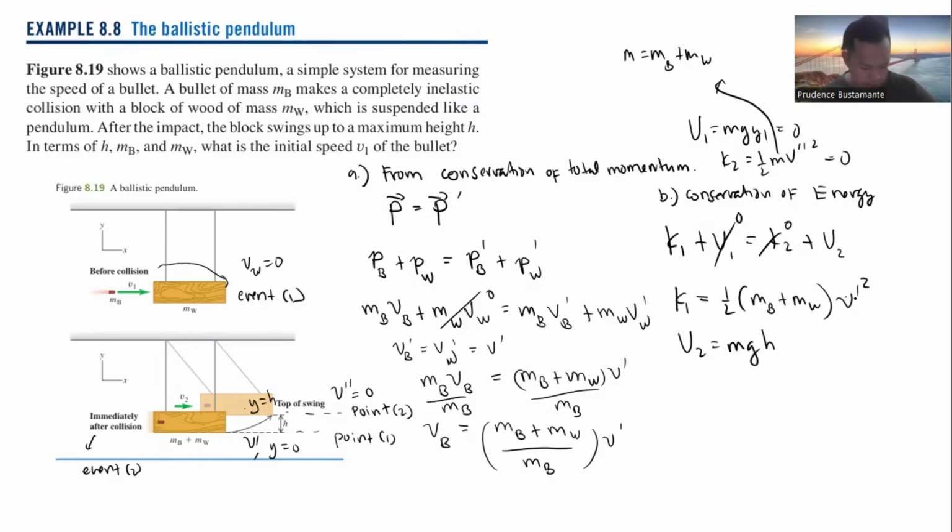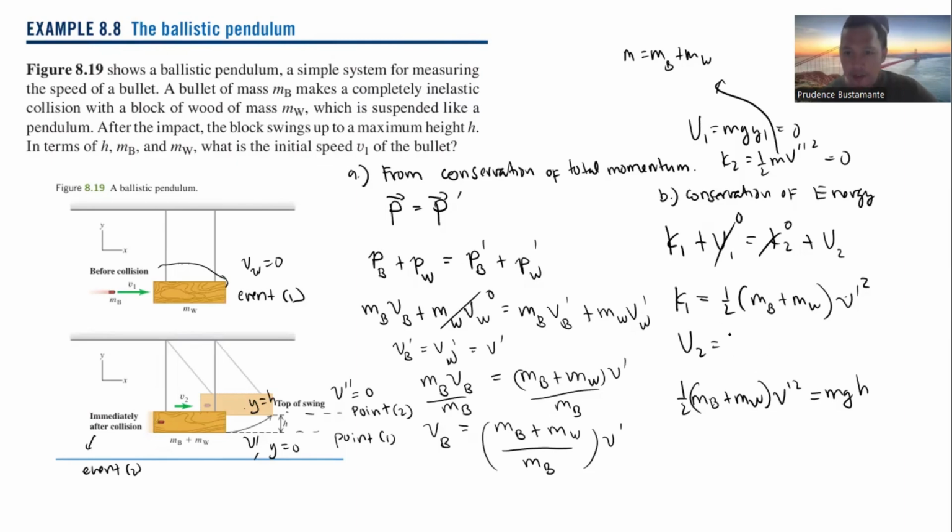So from this equation, we have 1 half (m_B plus m_W) v prime squared is equal to mgh. Okay, so here again, m should be the same as this.